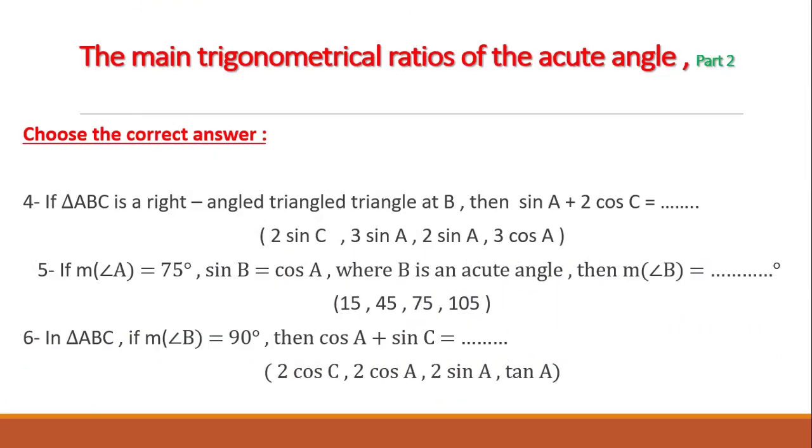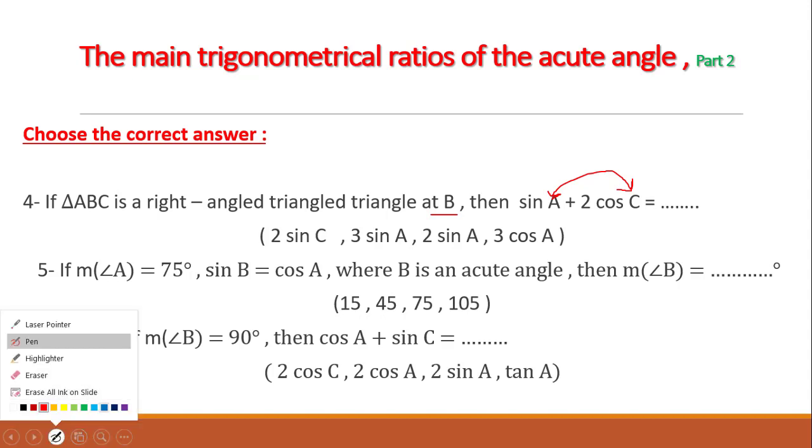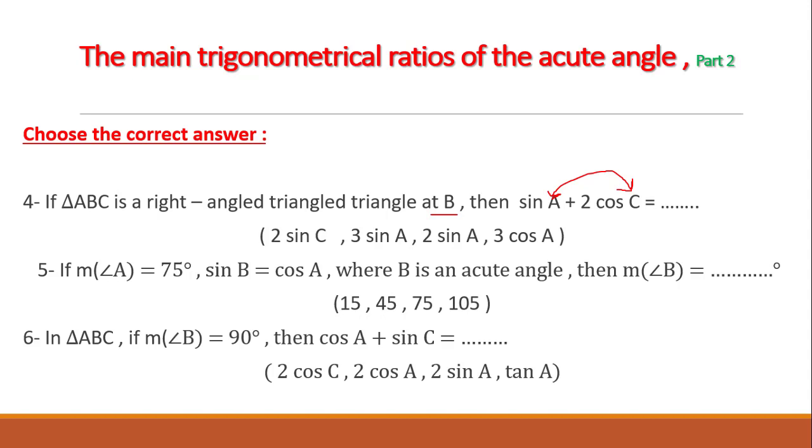Number 4, if triangle ABC is a right angle triangle at B, then sine A plus 2 cosine C. Right angle triangle at B means A and C are complementary. So I can write instead of sine A, cosine C, and instead of cosine C, sine A. Let's try the first.